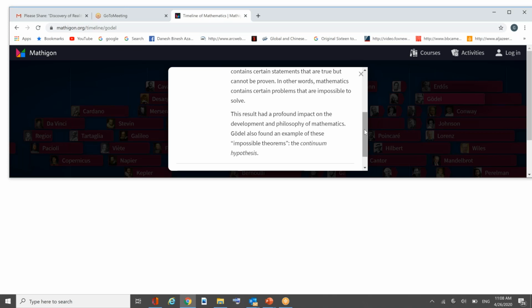In other words, mathematics contains certain problems that are impossible to solve. They exist, but it's impossible to solve them. This result had a profound impact on the development and philosophy of mathematics. And this is called the impossible theorem.